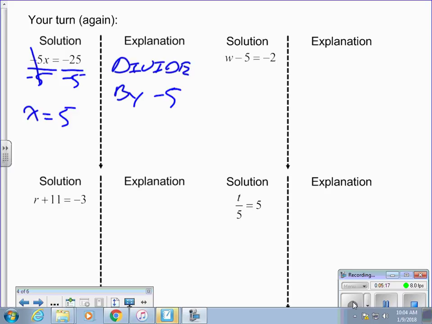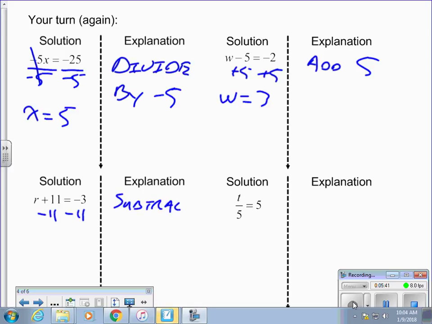What do I do to solve this one? You add 5. I add 5 to both sides. Add 5. W equals 3. There you go. I can't do that in my head. What do I do here? Subtract 11. And I get R equals negative 14.